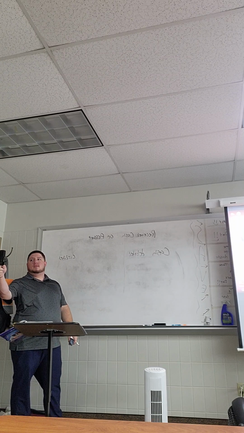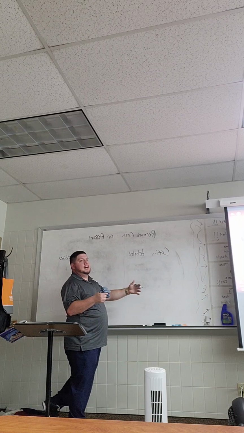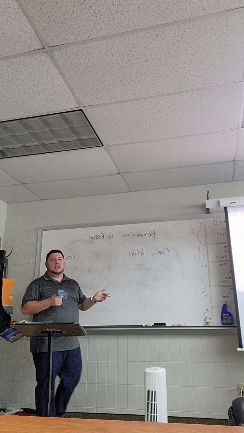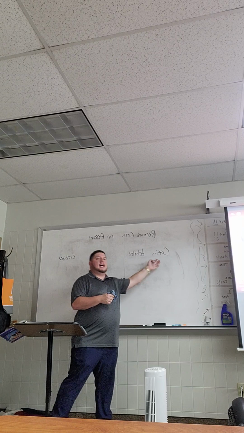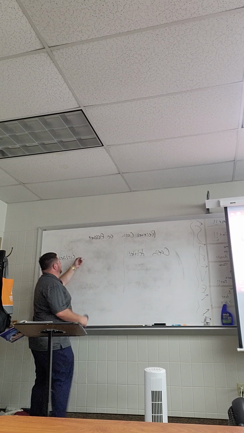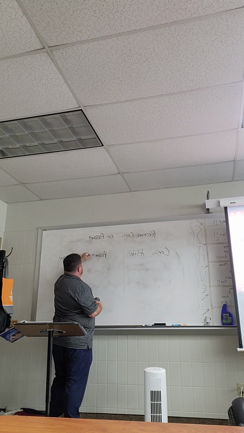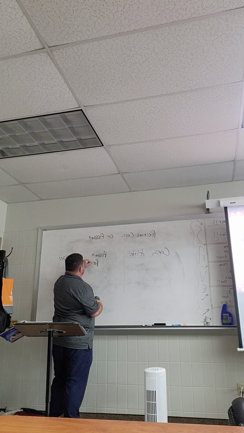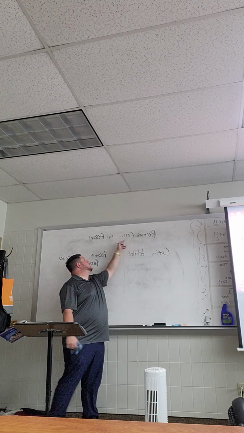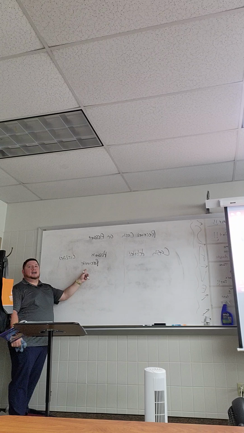We're going to credit accounts receivable because we are decreasing an asset, right? So they don't owe me all that money anymore. While I'm gaining cash as an asset, my accounts receivable asset is decreasing. So when I receive cash on account, I'm going to debit cash and credit accounts receivable.